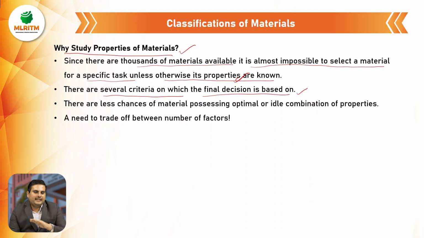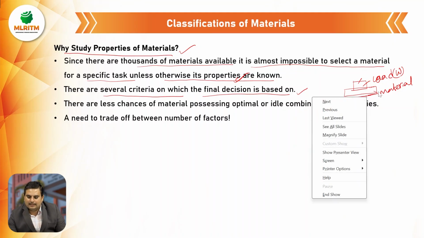Whereas a material whose main aim is just to hold a certain load, that is W, weight, with no other loads acting on it, is a constant load.